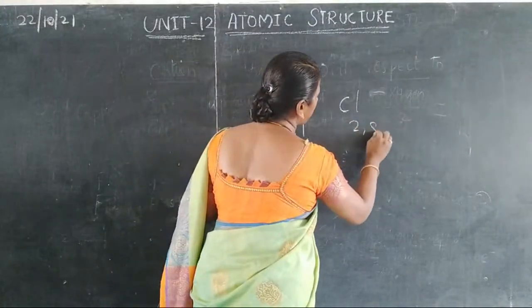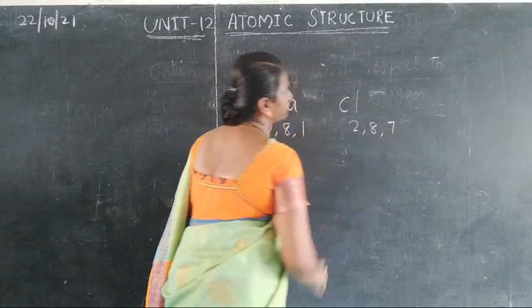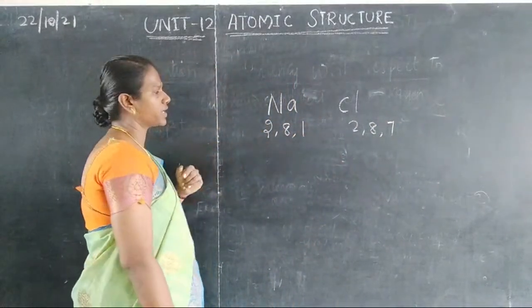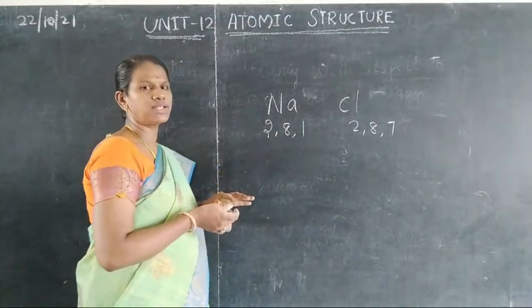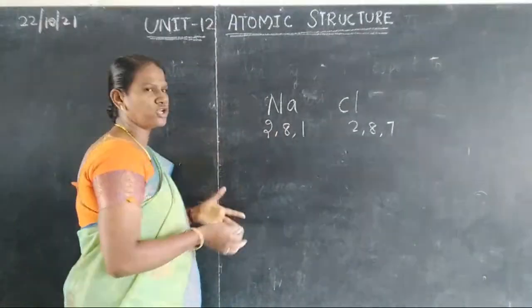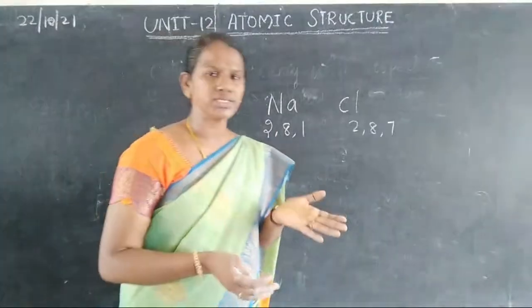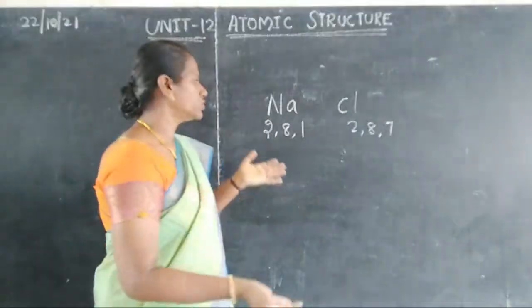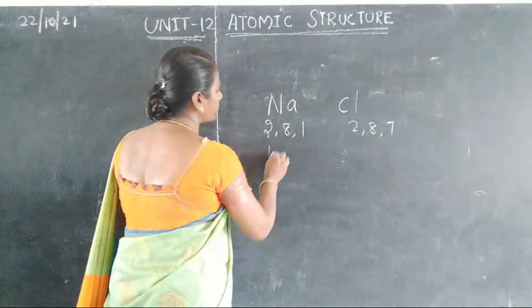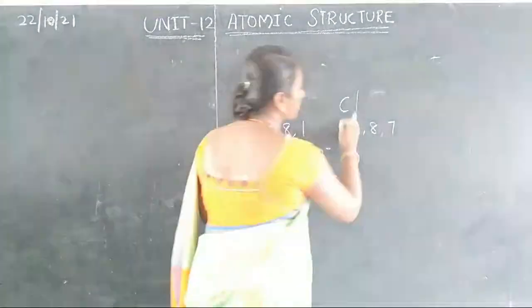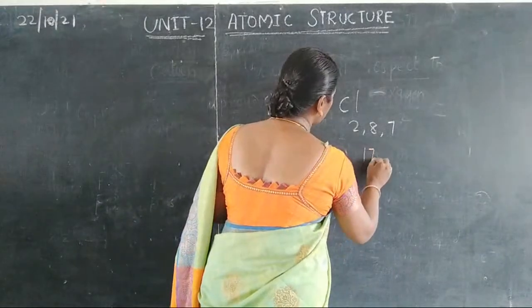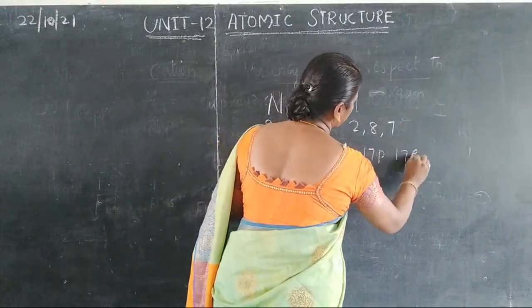Chlorine is 2, 8, 7. We already know that in an atom the number of protons is equal to the number of electrons. So in sodium there are 11 protons and 11 electrons. And in chlorine, 17 protons and 17 electrons.